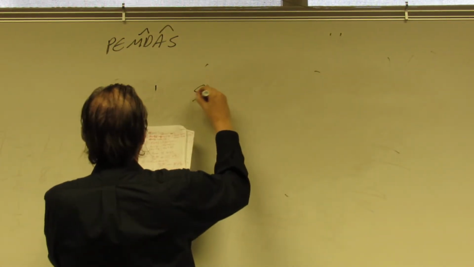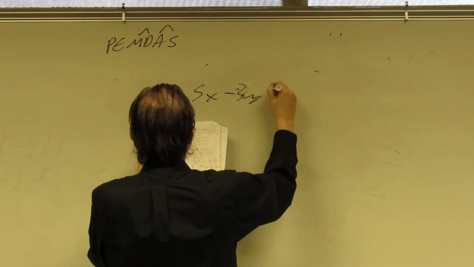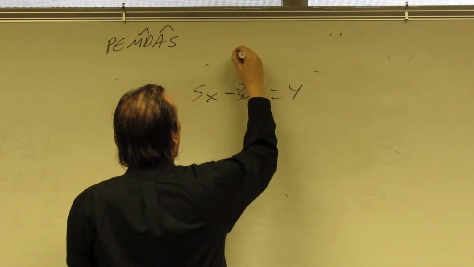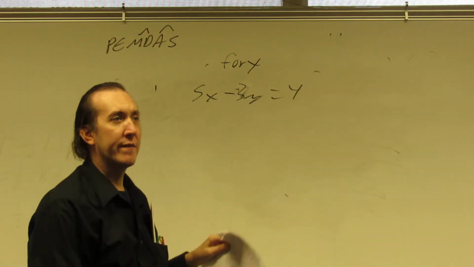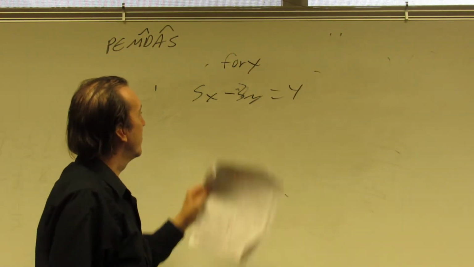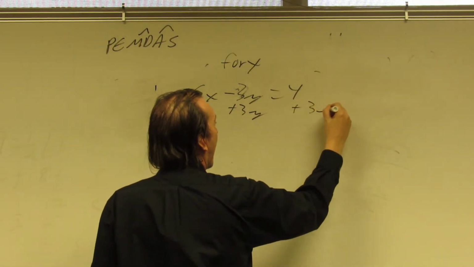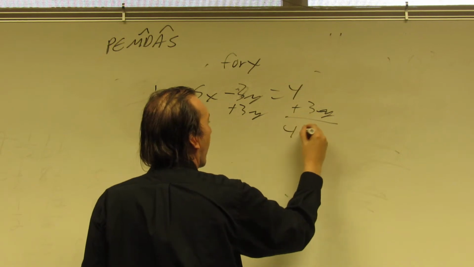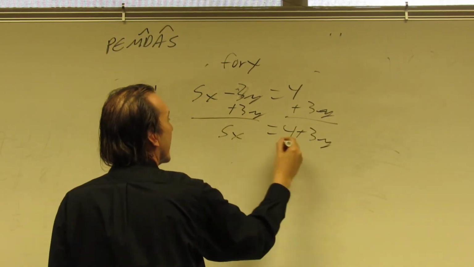Next, let's say we have 5x minus 3y equals 4, and we have to solve for y. So we want y by itself. The easiest way to do this is to move the 3y to make it positive. We have 4 plus 3y equals 5x.